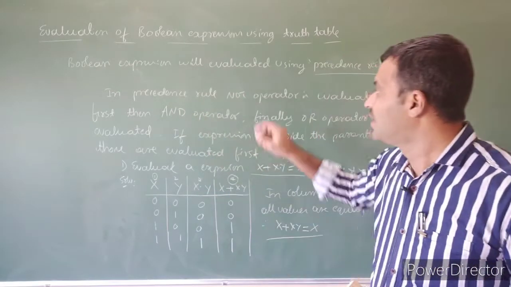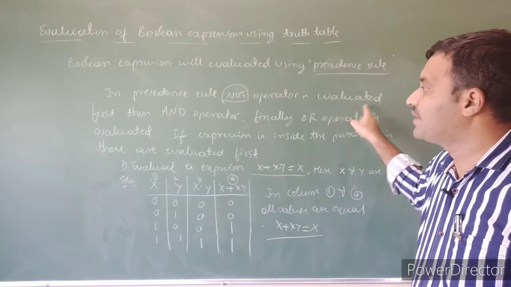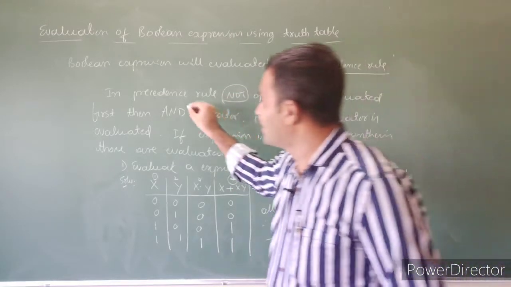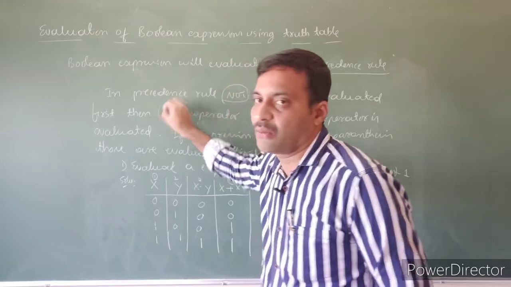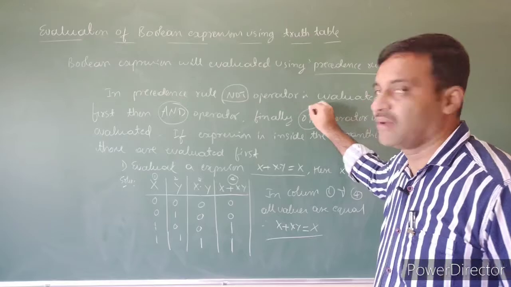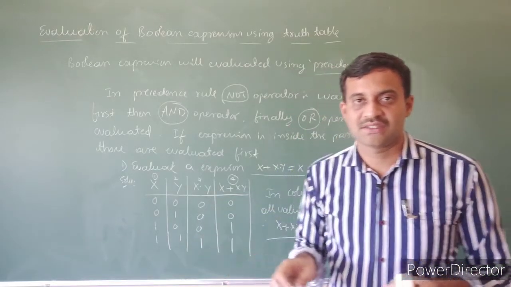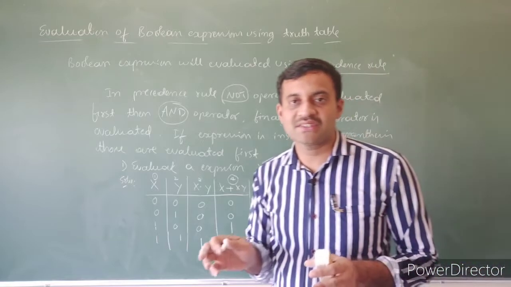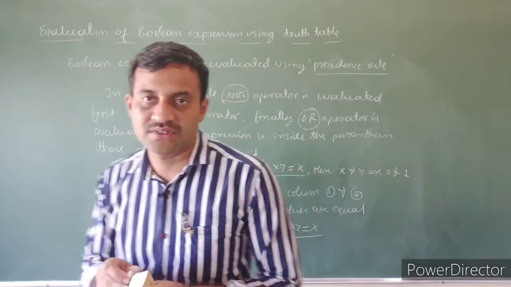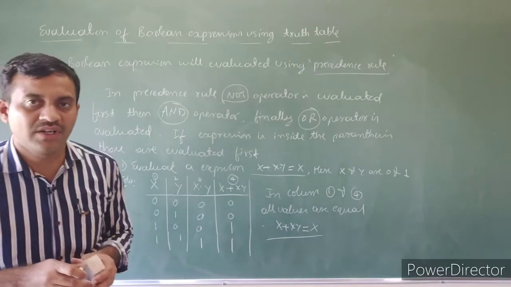In the precedence rule, NOT operators are evaluated first. Then AND operators are evaluated. Finally, OR operators are evaluated. If the Boolean expression has parentheses, then the inside of the parentheses is evaluated first. Using this precedence rule, Boolean expressions are evaluated.